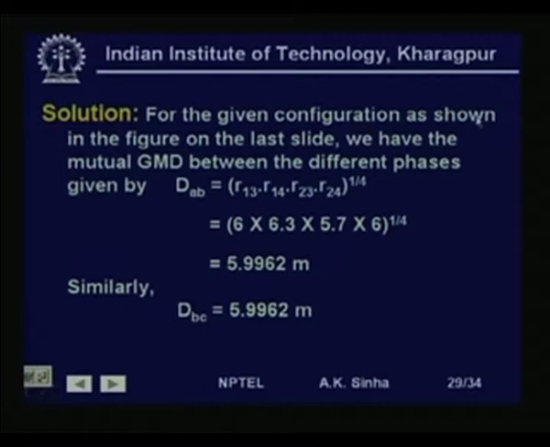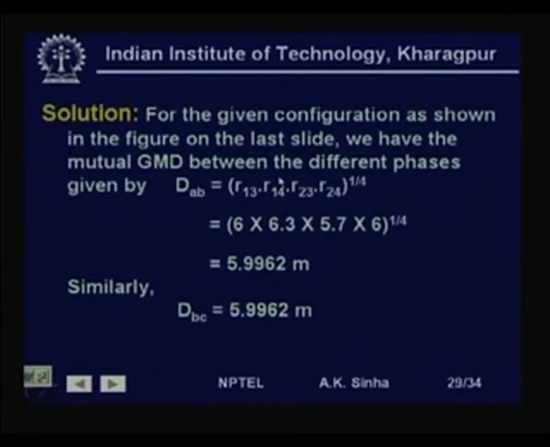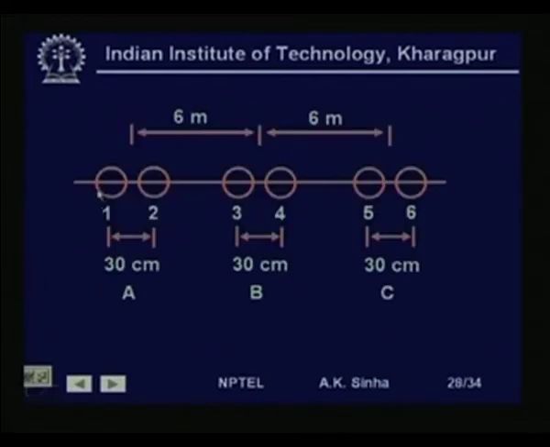So, for the given configuration as shown in the figure, we have the mutual GMD between the different phases given by D_AB equal to the fourth root of R13, R14, R23, R24, that is the distance from this conductor to this conductor, and so on, and the fourth root of that.